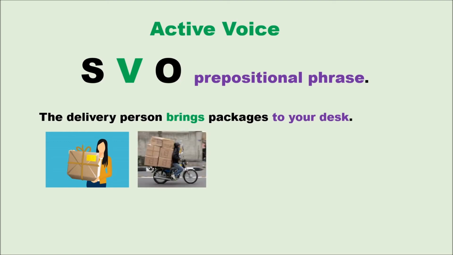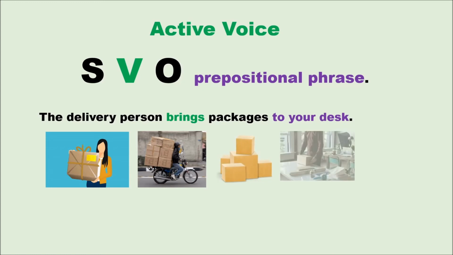Yes, brings. In this case, we have an S on the end of the verb because delivery person is singular. Therefore, we add an S to present tense verbs. And the object? Packages. Packages is the object. And finally, we have to your desk as our prepositional phrase. The delivery person brings packages to your desk.